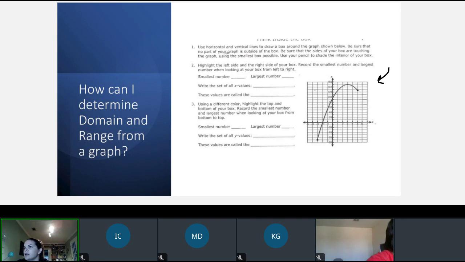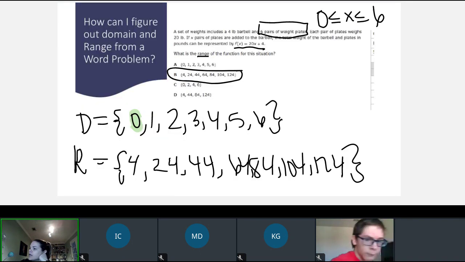Quadratics look like a U or an upside down U. So on the next slide, I'm going to show you a method, some steps that you can follow.